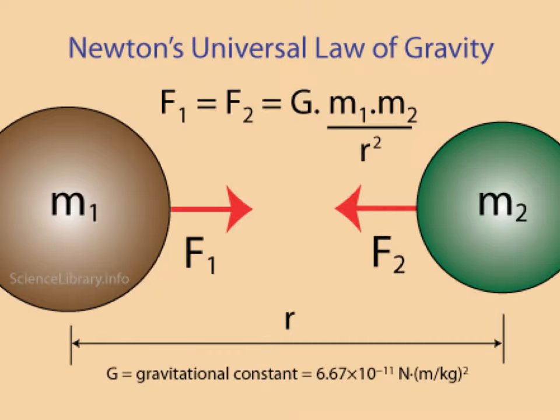Now, this slide shows some of the more complicated physics and math associated with gravity. But what's important for us to know are two key facts. The bigger something is, the more gravity it has. So mass and the amount of gravitational pull that something has is linear.